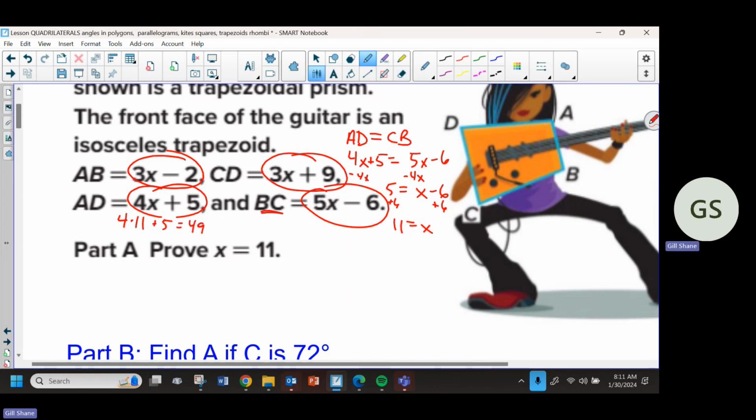So the length of AD is 49. X is 11. Some of you missed this on the quizzes too. You're still not getting that x is only a part of the length. It's its own number. If there's an expression that represents the length, you've got to plug that back in to find the length. Several people missed this on the last quiz too.